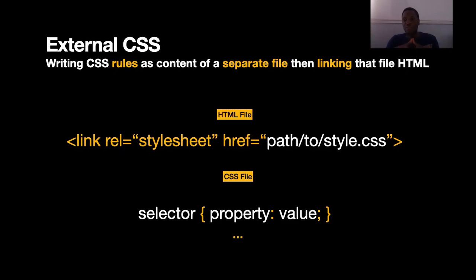Now you have the link. Now rel means relationship. It is the attribute that is used to specify the relationship of the resource that you're trying to link with that HTML file or web page.